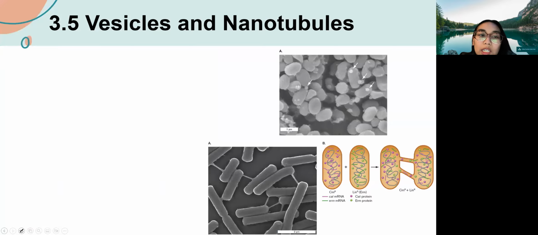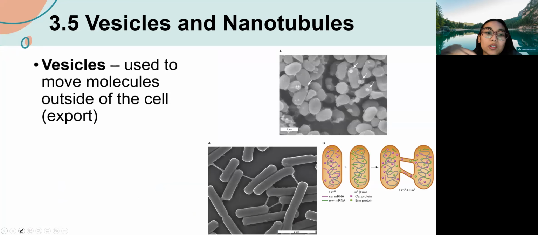So now we're just gonna rapid fire go over a bunch of other things that you find in bacterial cells. We're starting with vesicles and nanotubules. Vesicles are just like the vesicles that you see in eukaryotic cells, except the vesicles are more for export rather than for movement inside. So these vesicles are usually used to export things outside of the cell.